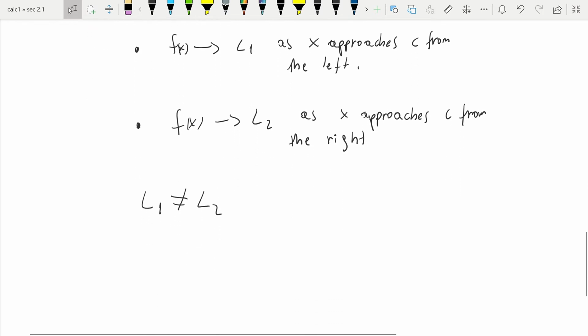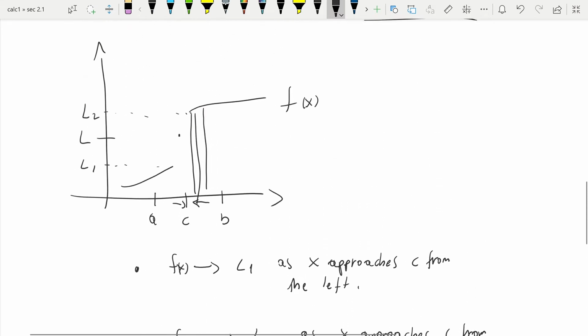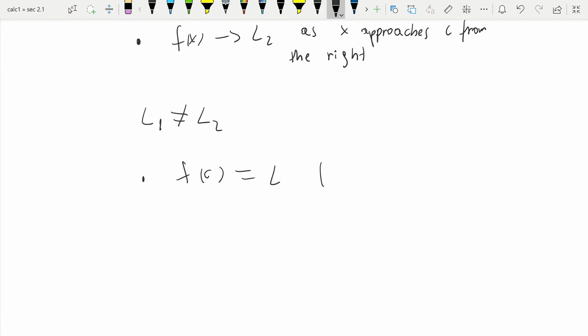In fact, f at the point c is defined and is equal to the number L, which is neither L1 nor L2.